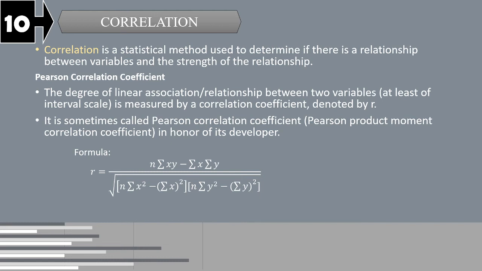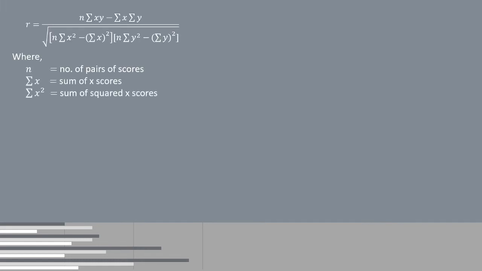Now let's determine the meaning of this formula, where n is equal to the number of pairs of scores. The summation of x is the sum of x scores. The summation of x squared is the sum of squared x scores. The summation of xy is the sum of the products of paired scores. The summation of y is the sum of y scores. And lastly, the summation of y squared is the sum of squared y scores.